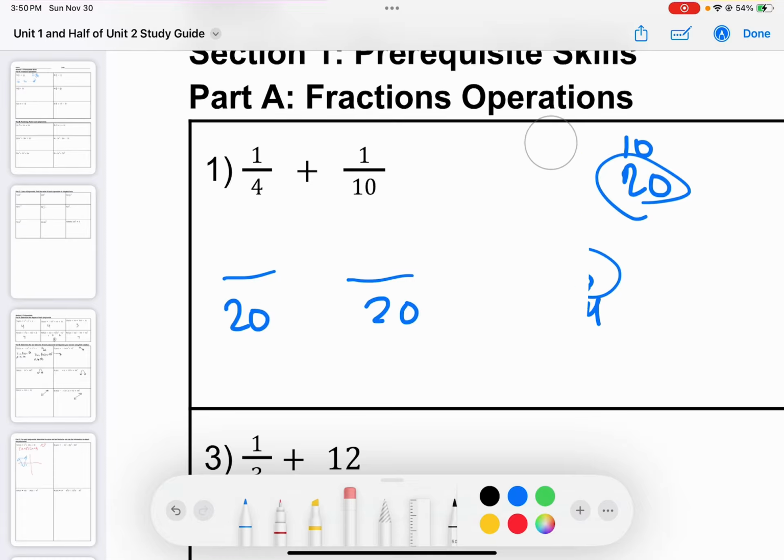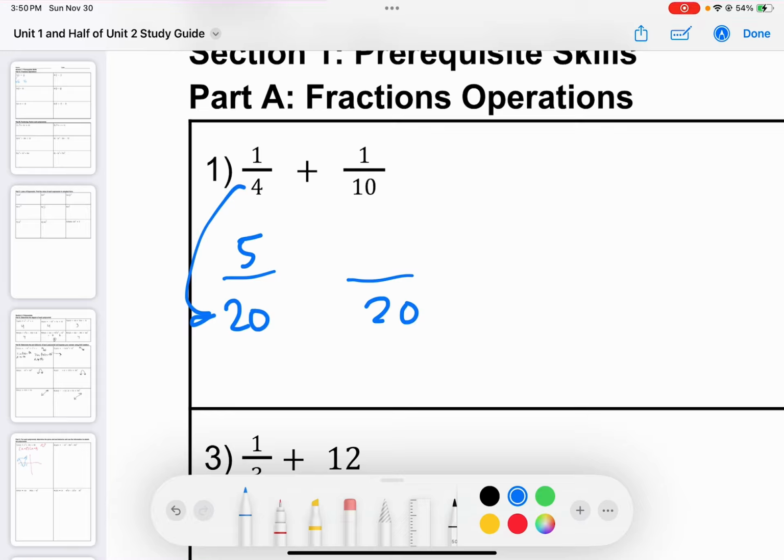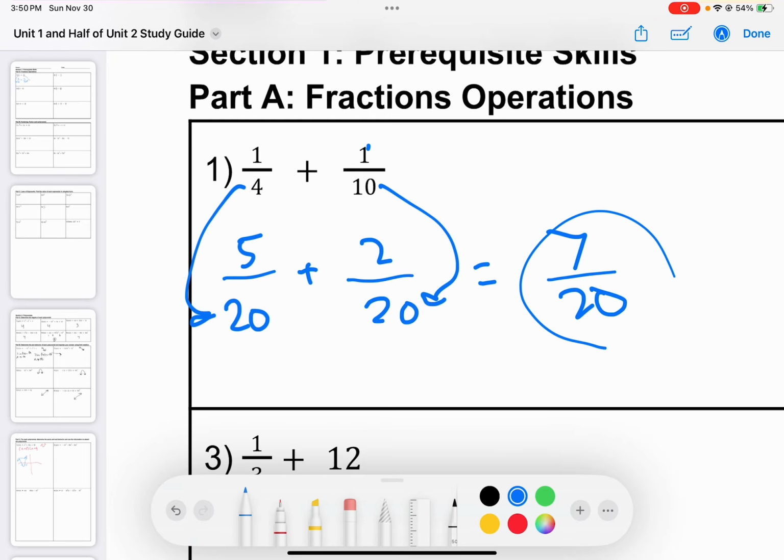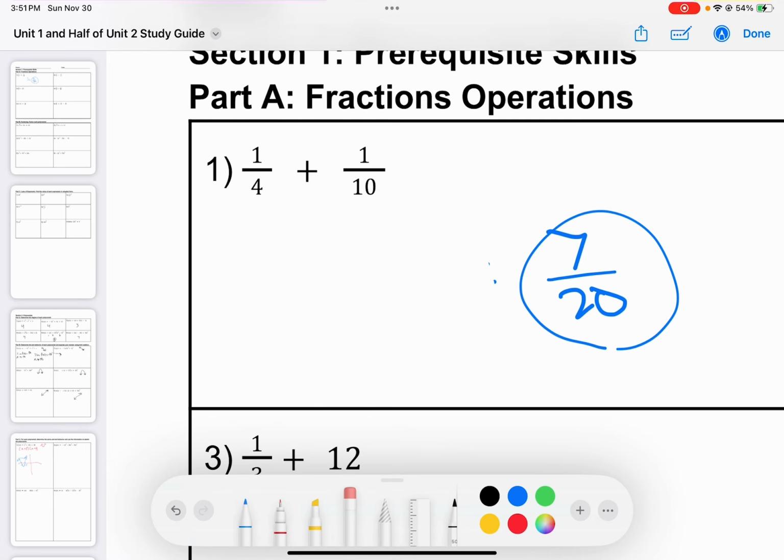So that's how you find the least common multiple. What did I multiply 4 by to get 20? By 5, so that's 5 20ths. What do I multiply 10 by to get 20? That's 2, so this is 2 20ths. 5 plus 2, 7 20ths. All right, so that's 7 20ths.